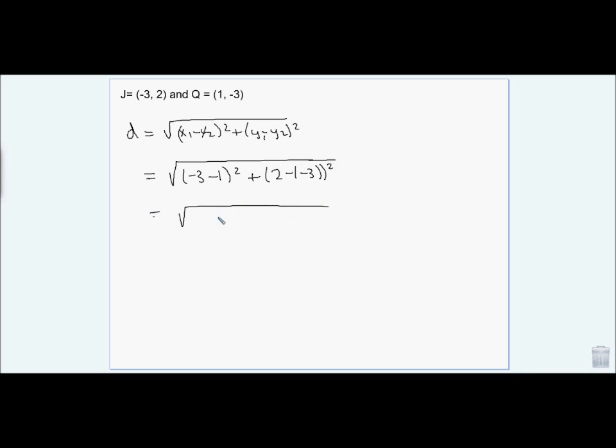So that gives me the square root of negative 4 squared plus 5 squared. So that's the square root of 16 plus 25, which gives me the square root of 41, which is prime. So that would be all we could do with that. And that's how we find distance between 2 points.